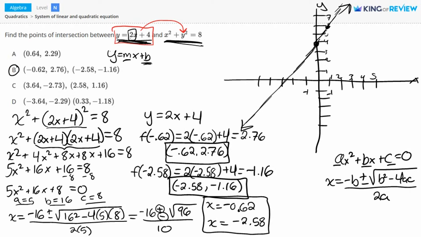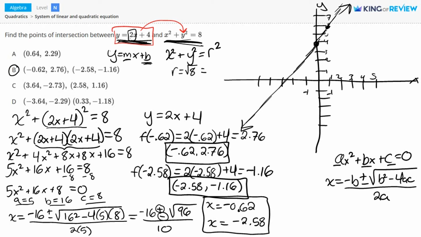And now let's look at this equation here. x squared plus y squared equals 8. We know that this is a circle because it's in the form x squared plus y squared equals r squared, where r is the radius. This circle has a center at the origin, and we can also figure out the radius. The radius is the square root of 8.